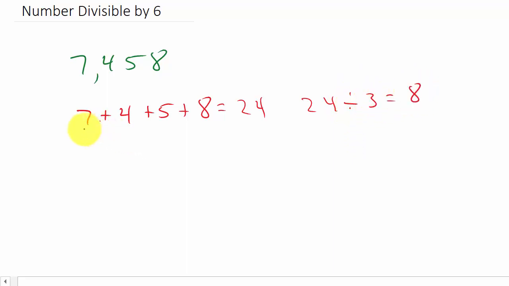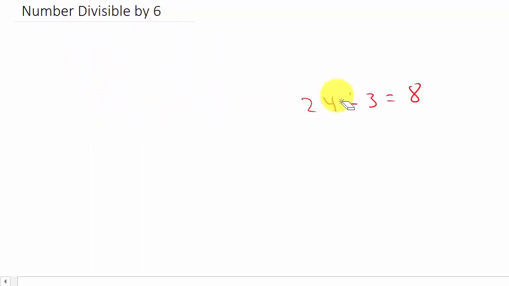So 3 divides into the sum of the digits evenly. So 3 divides into this number evenly. So that means 2 divides into the number evenly and 3 divides into the number evenly. So that means 6 divides into this number evenly. All right. Let's look at another one.